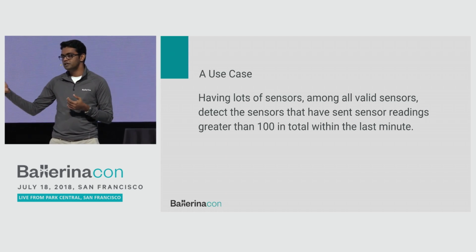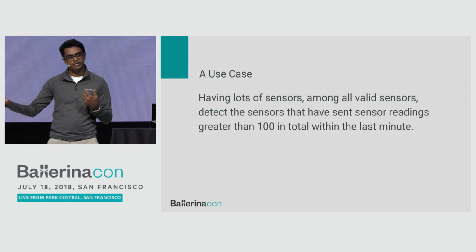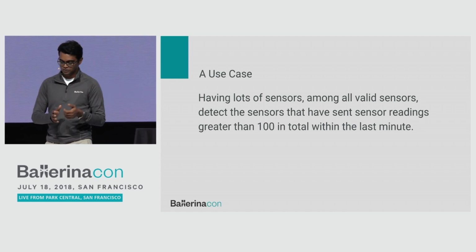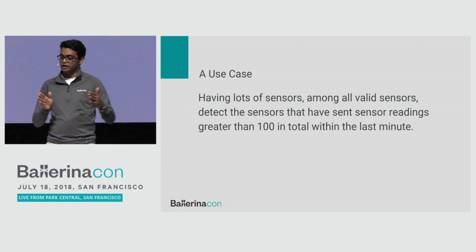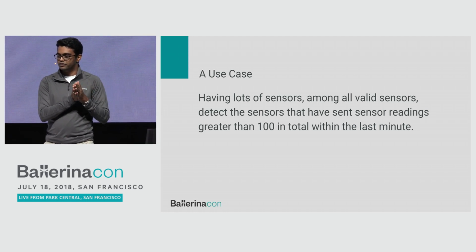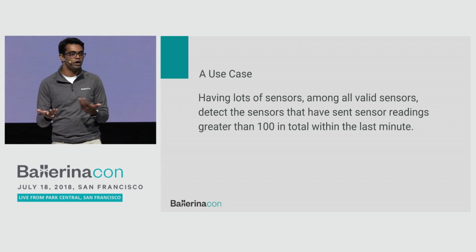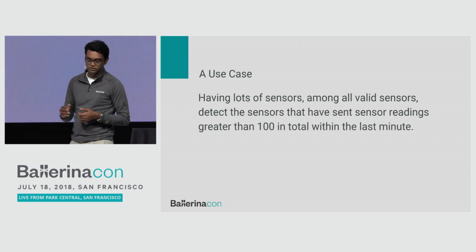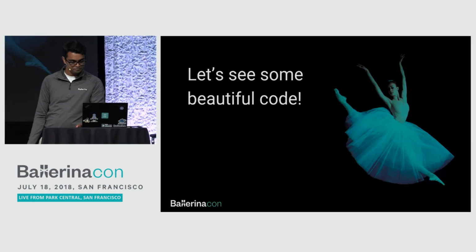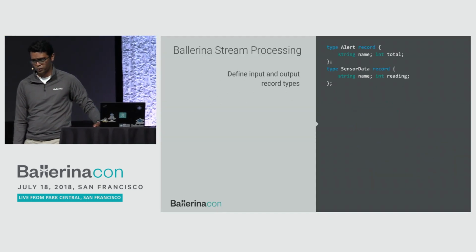We are collecting sensor readings, and in a sliding manner we just look at the last minute, and the readings from that particular sensor should add up to 100. If that is the case, I am going to take some action about it. So it's a very abstract example. Let's see how we can code that.